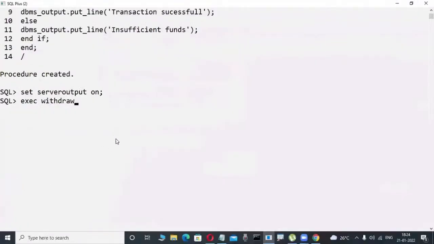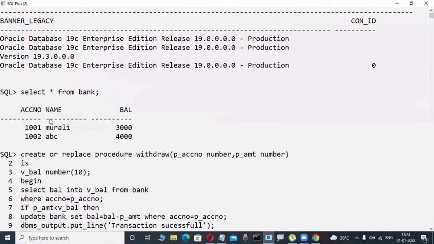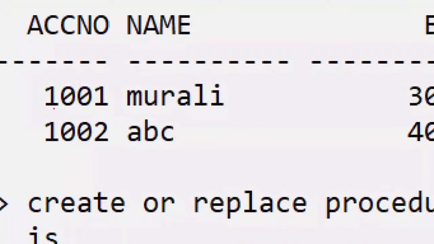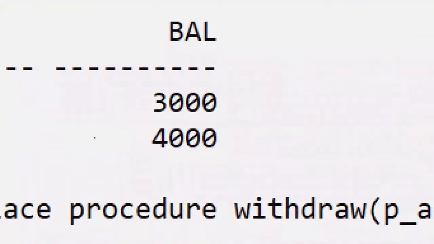Okay, fine. Here, my account number 1001, account number I'm passing, comma, I try to withdraw 9,000 rupees, for example. Observe here my account number in this table, slowly observe it here, scenario observe it, logic: 1001 is my account number, Murali is my name only. Now my balance is how much? 3,000.